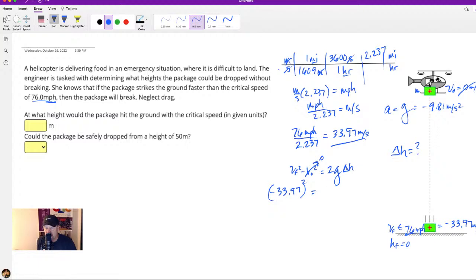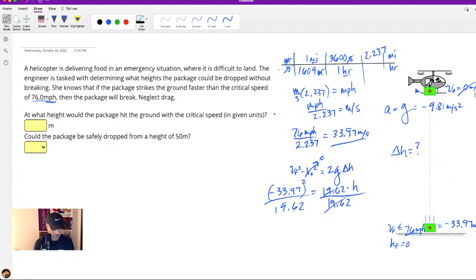It equals 2g. Remember, that's negative, and this change in height's negative, so we're going to say 2g is 19.62 times H. So we divide both sides by 19.62. 33.97 squared divided by 19.62. Negative 33.97 squared is 33.97 squared, which is 1153.